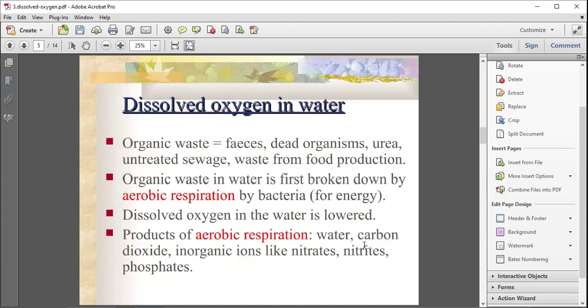Organic waste is feces, dead organisms, urea, untreated sewage, waste from food production. Organic waste in water is first broken down by aerobic respiration by bacteria for energy.